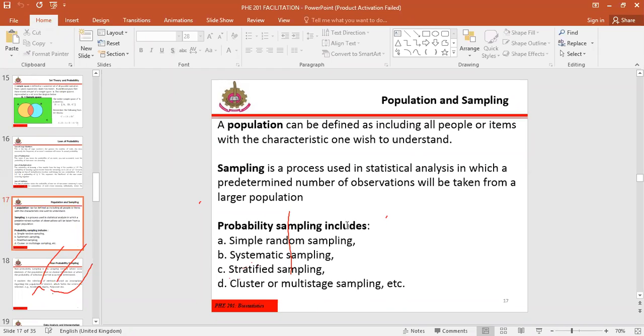Then stratified sampling is similar to systematic, but it is when I make use of a general, or let me say natural, phenomenon to categorize you. What I mean is I may decide to use age to categorize you.